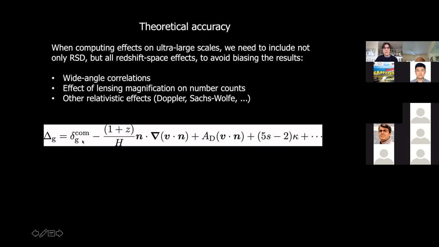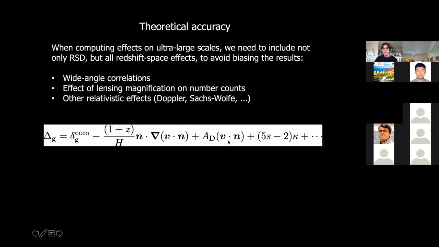The quantity at the source is modulated first of all by the linear Kaiser redshift space distortion effect over here, which is the radial gradient of the peculiar velocity radial component. So n is the line of sight unit direction, and v is the peculiar velocity of the galaxy. So this is the Kaiser term.